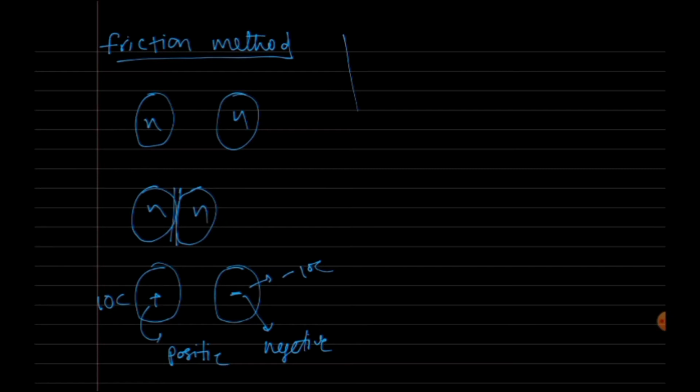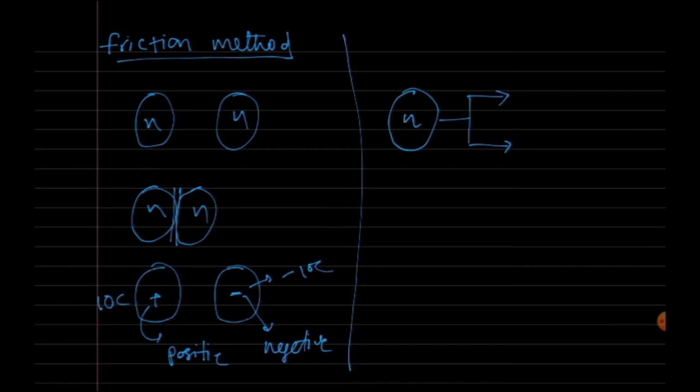Now coming to the next method, that is conduction method. But before I go to the conduction method, I just want to explain one more point here. Whenever I say it is a neutral object, there is a possibility to interpret it in two different ways.